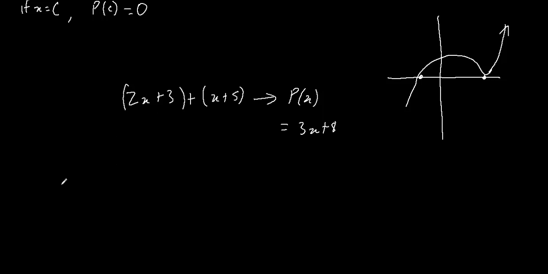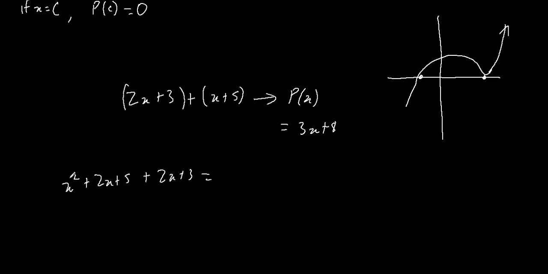If I add a quadratic, x squared plus 2x plus 5, to 2x plus 3, my resulting polynomial will have the highest power of x of either of the two. I have a quadratic, so the highest power is 2, and here I have linear, so the highest power is 1. Between 1 and 2, the highest one is 2.